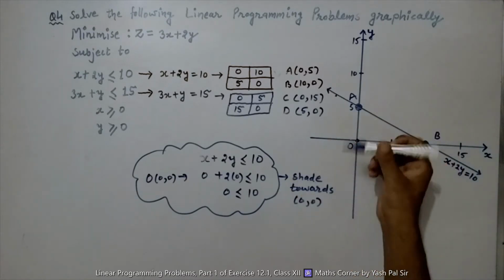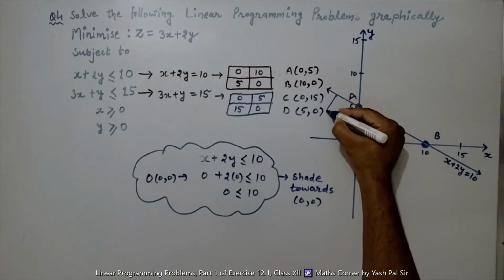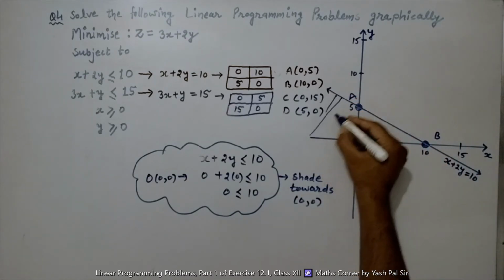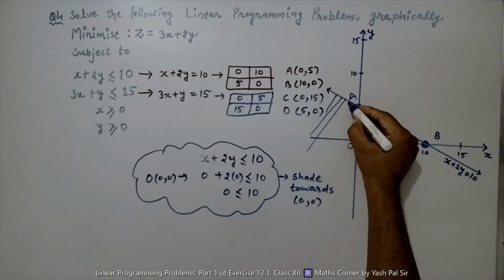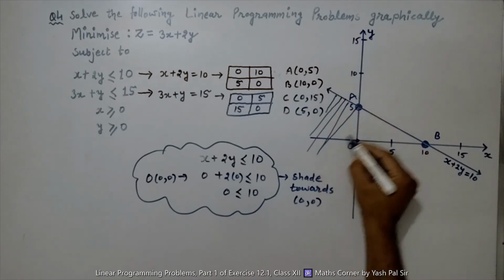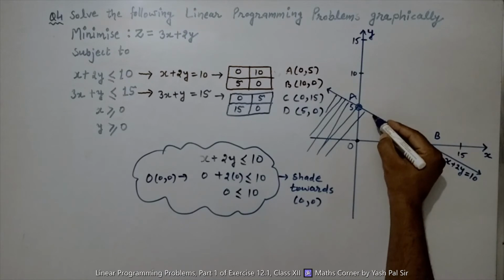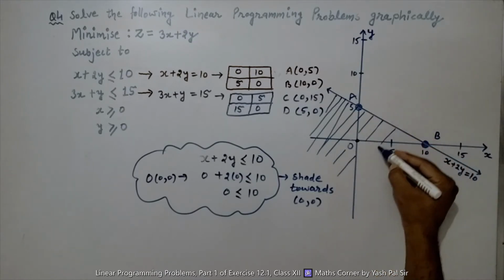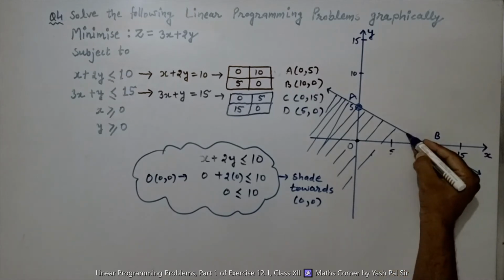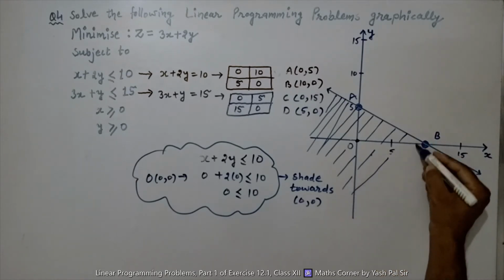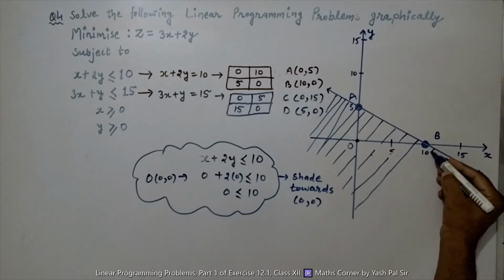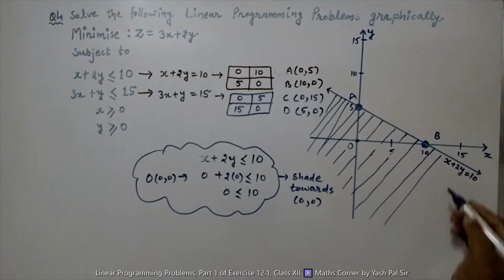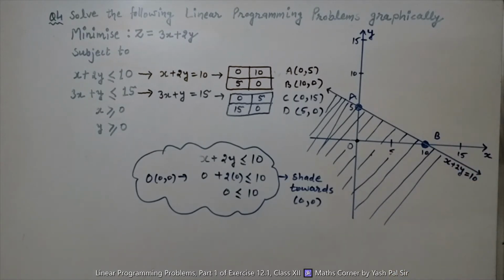This is the 0. To this side we are shading like this. This way we are going to shade. Right?